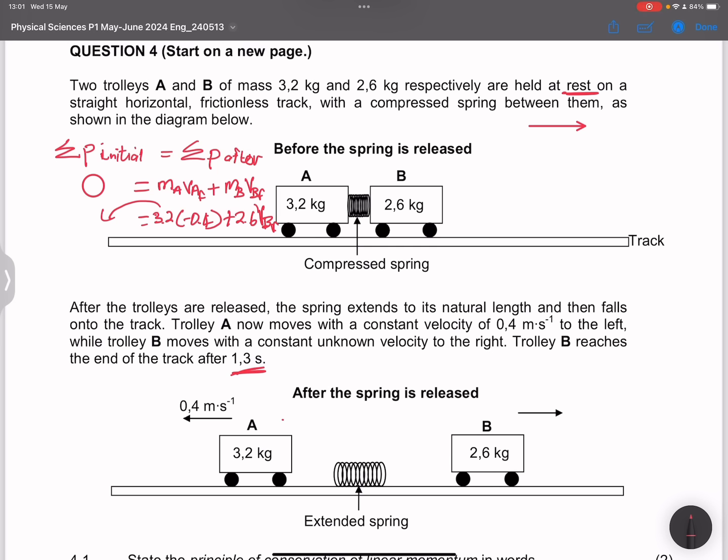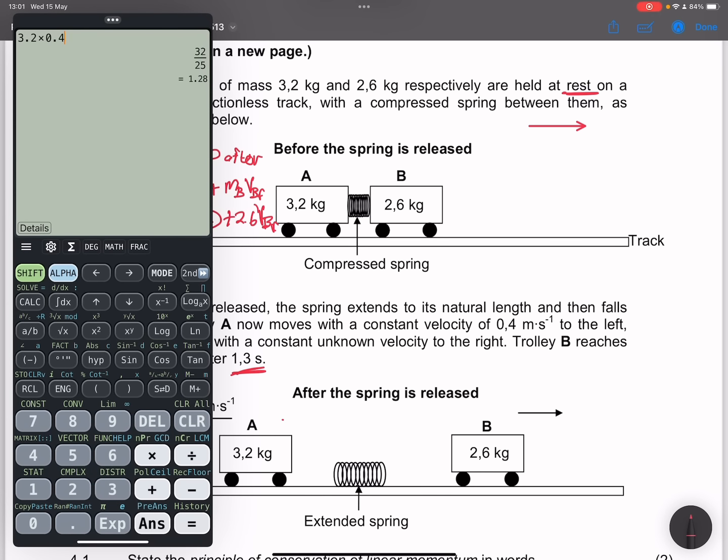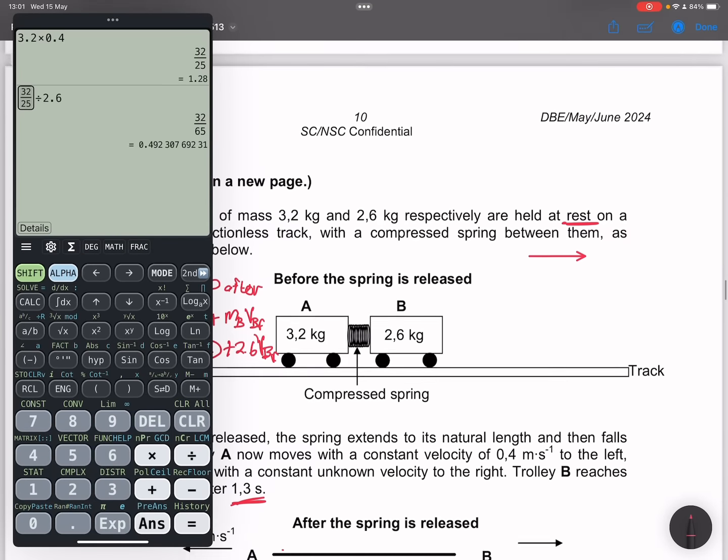So we've got 1.28 positive is equal to 2.6 v_BF. We can divide both sides by 2.6, and I've got 1.28 divided by 2.6, and I get a value of 0.49.